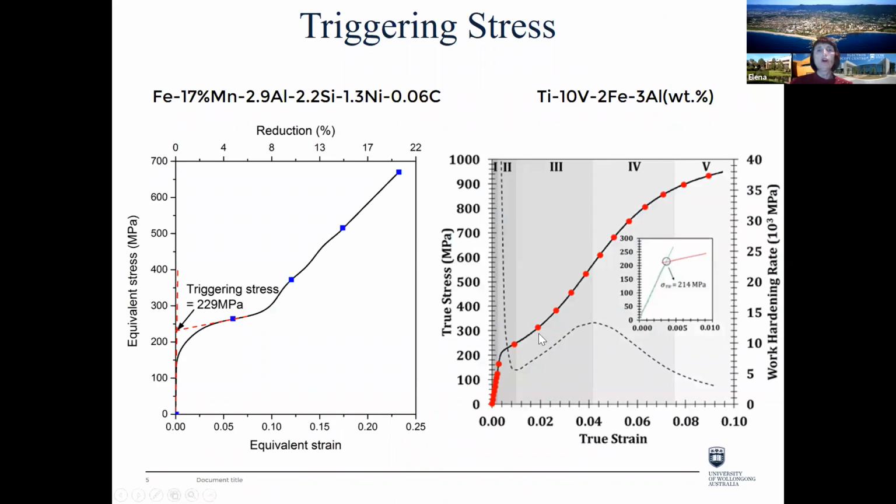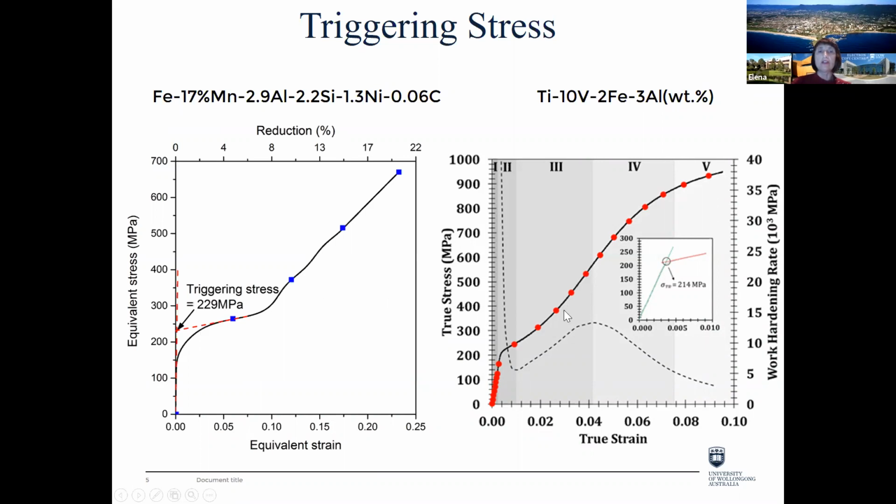For sure, twinning or phase transformation will not occur immediately in the materials. We need to reach a certain state, which in a lot of cases was introduced as the triggering stress, at which we have initiation of twinning or martensite transformation. Usually it's an elastoplastic transition zone, and then it could be followed by a plateau or a slowly rising stress region.